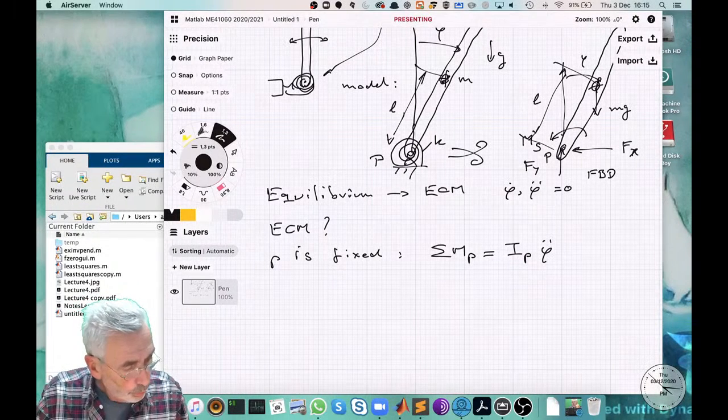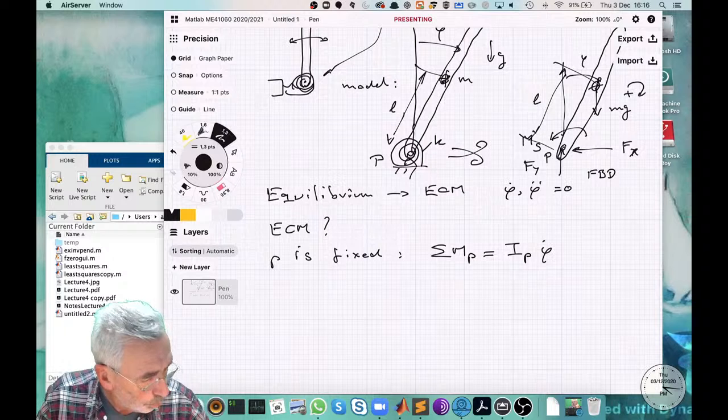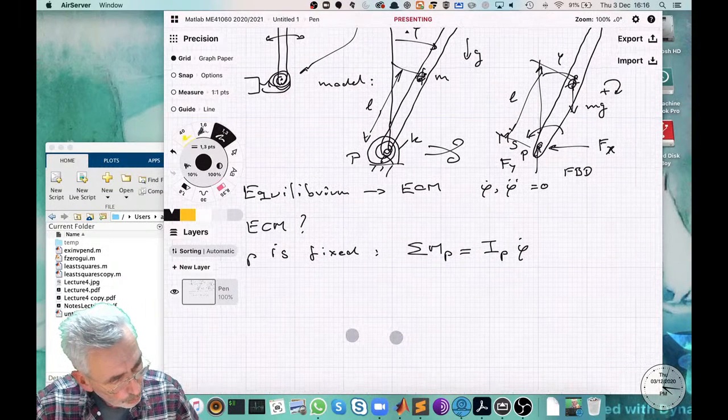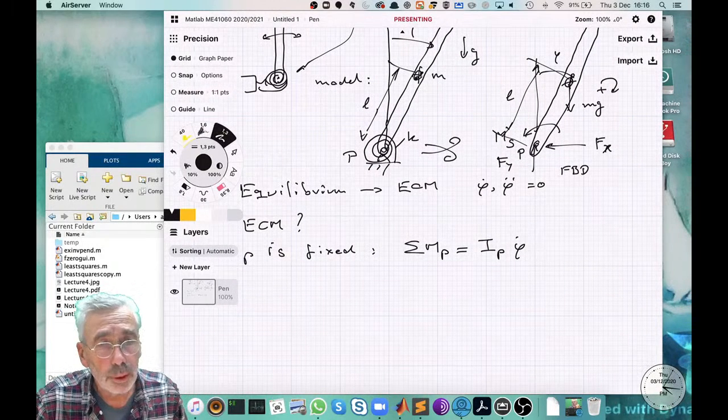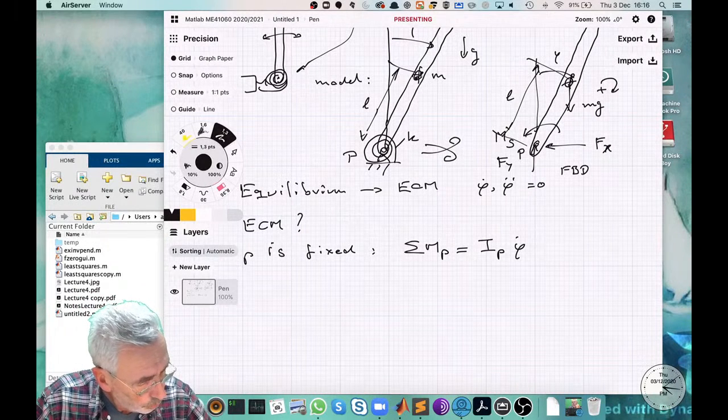Okay, sum of the torques. By defining phi in this direction, we have a plus definition for everything, so this is what we call plus. So looking at that sign, we take all the contributions.